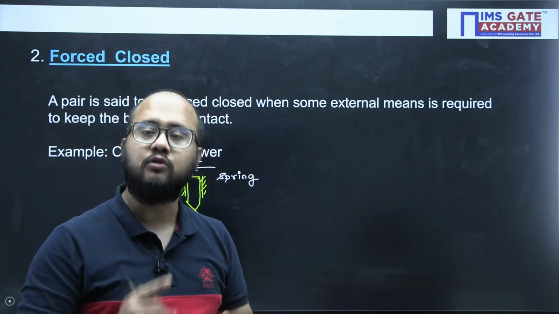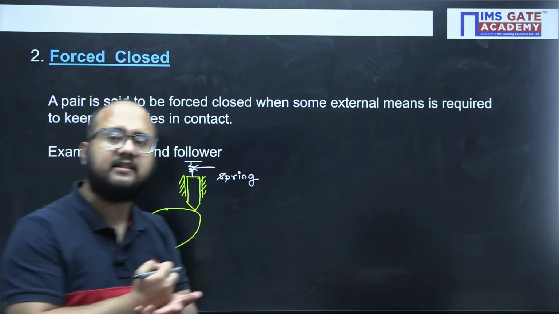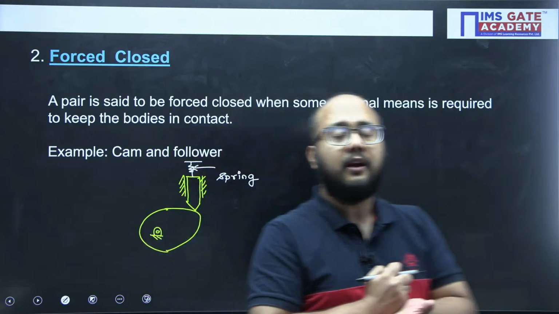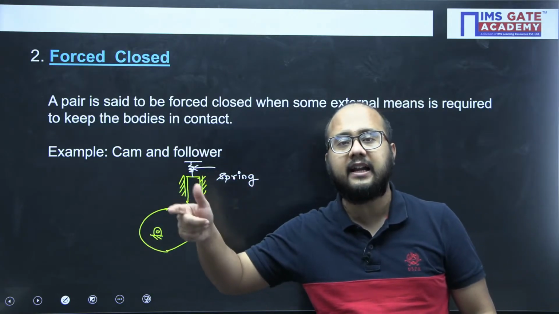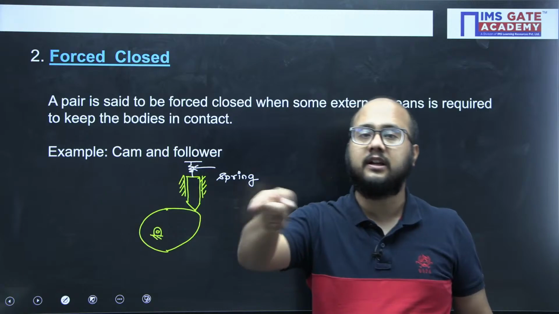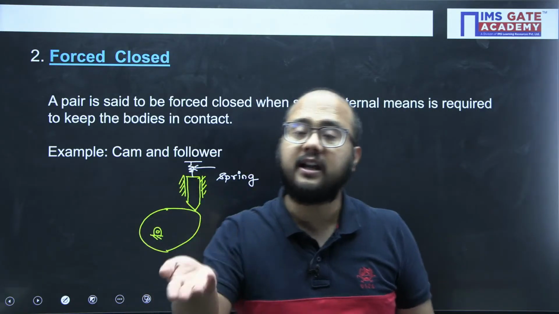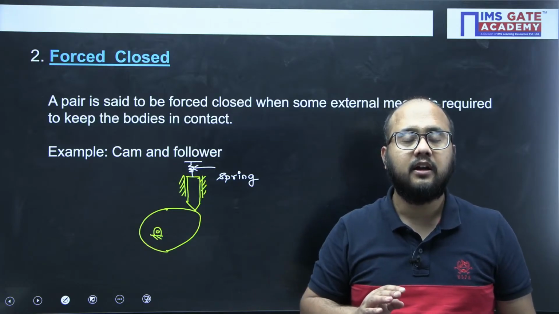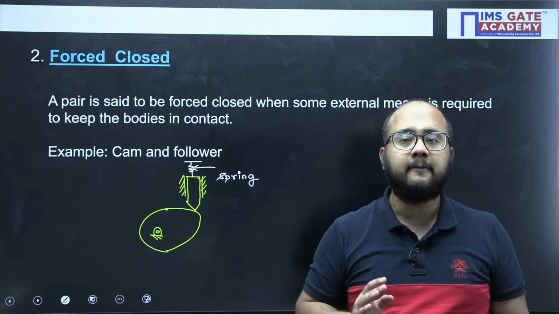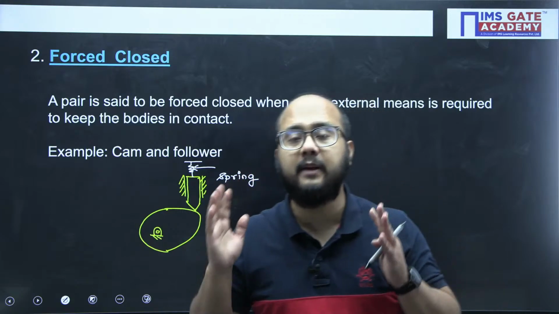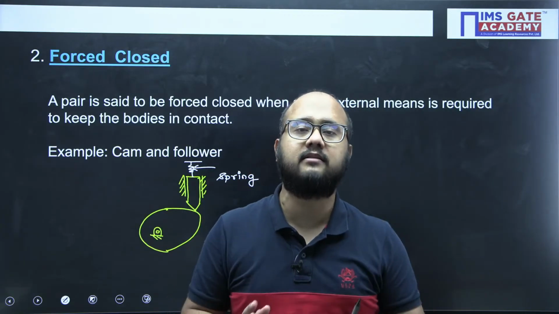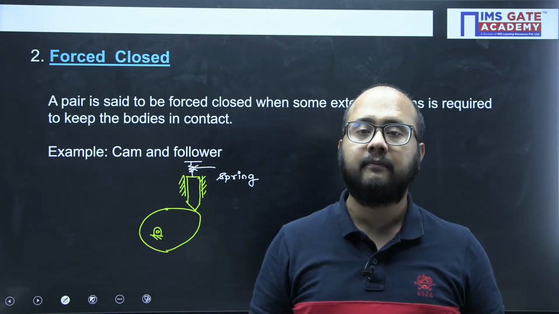Is that clear? That's why I'm telling you, in basics we have to be very, very strong. Wherever I see two different links, I should know what type of contact it has, what type of relative motion, what nature of contact, and what type of closure. Everything should be clear, then only can you understand that particular mechanism.